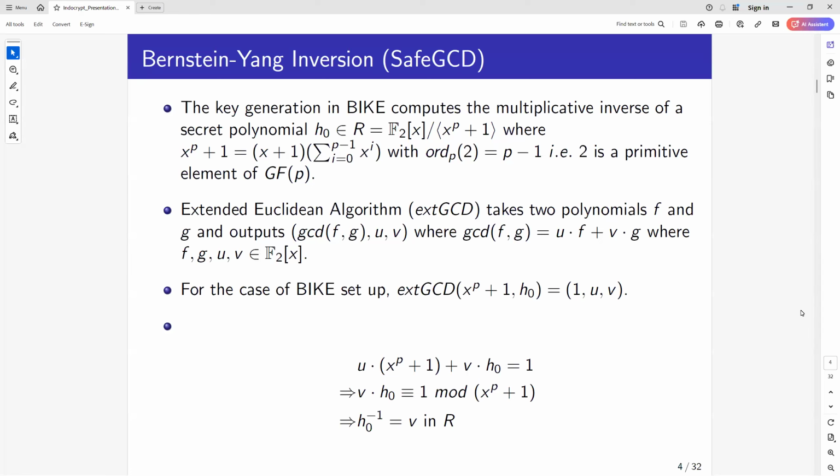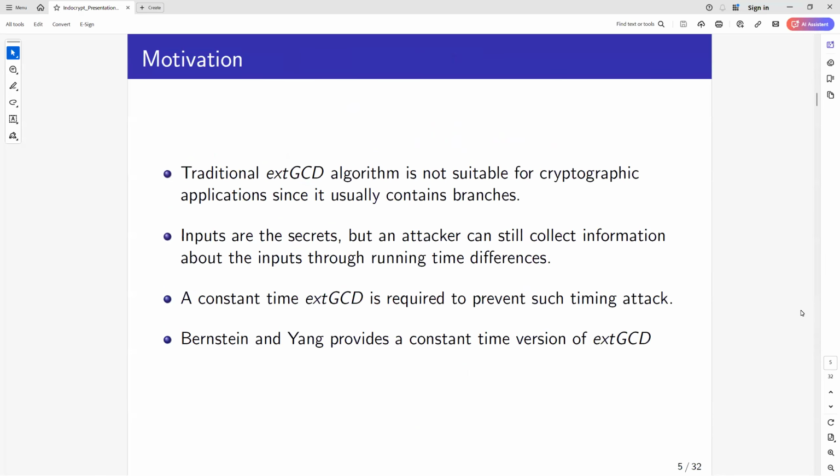For the BIKE setup, since we are trying to find the inverse of a polynomial, let's say we want to find the inverse of h0. Since h0 is an invertible polynomial in that particular ring, the GCD of h0 and x^p plus 1 is 1. So using the Bezout identity, we can find the inverse of h0.